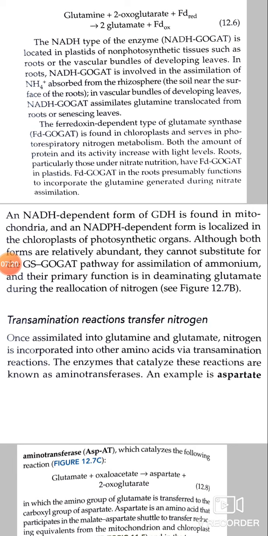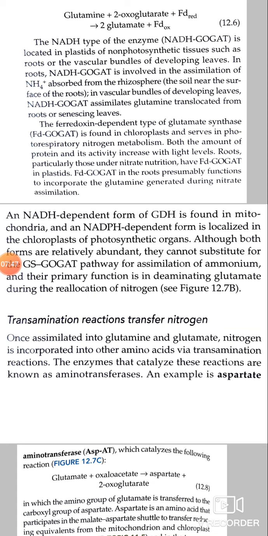An NADH dependent form of GDH, glutamate dehydrogenase, is found in mitochondria, and an NADPH dependent form is localized in the chloroplast of photosynthetic organs.